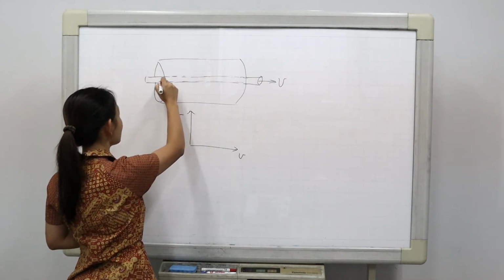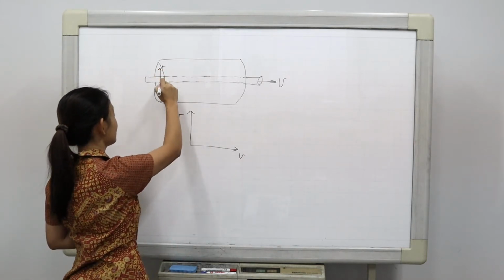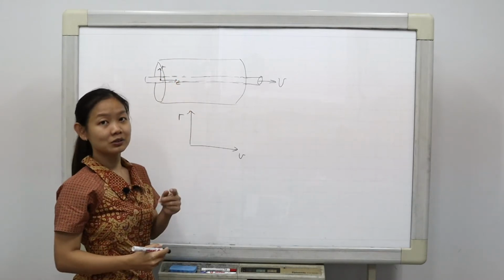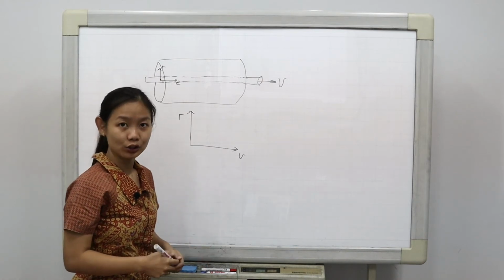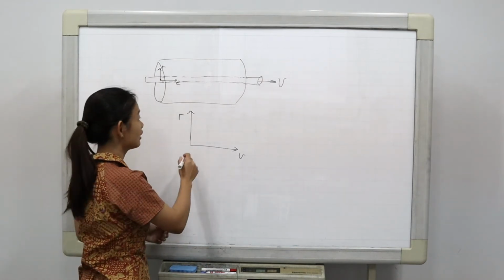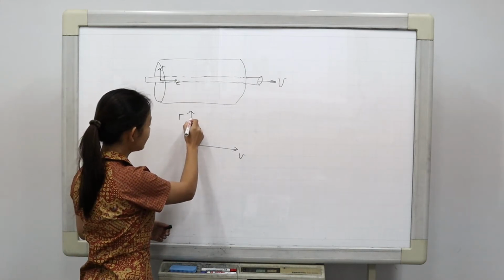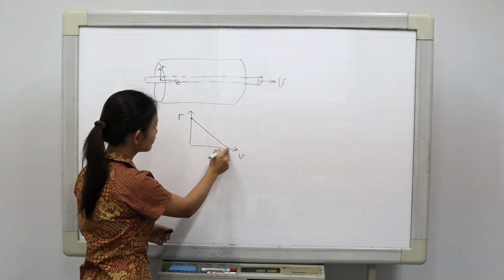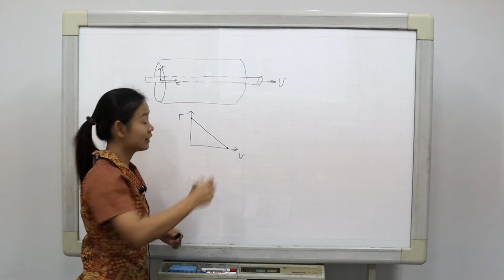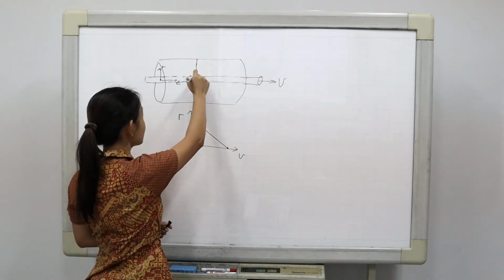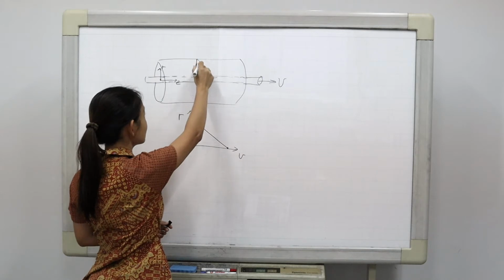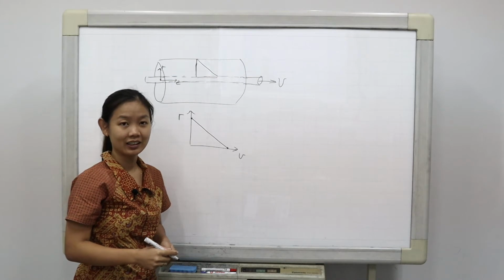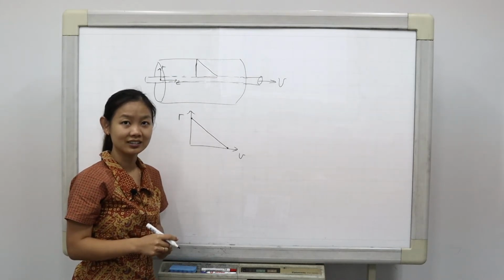Just say we have this axis R and V. If you are asked to draw the velocity profile in steady state condition, what you are going to have is something like this. Your velocity looks like that. But that's in steady state condition.